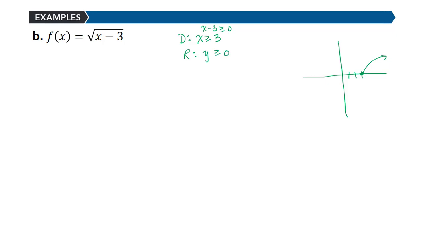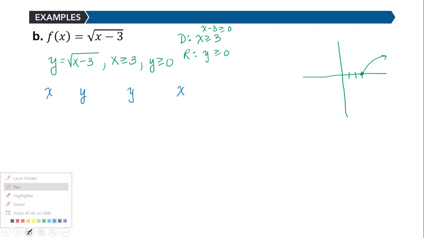And so when we are thinking about the restricted domains here, we have to think of this. We say y is equal to the square root of x minus 3 for x greater than or equal to 3 and y greater than or equal to 0. And so now we're going to interchange the x and the y to get x is equal to the square root of y minus 3 for y greater than or equal to 3 and x greater than or equal to 0.